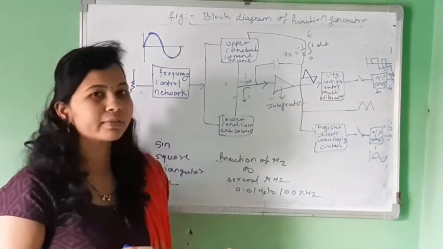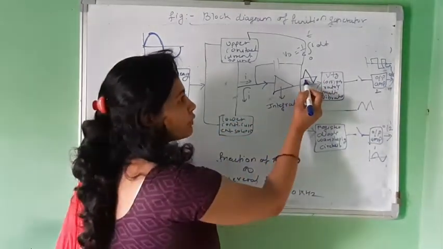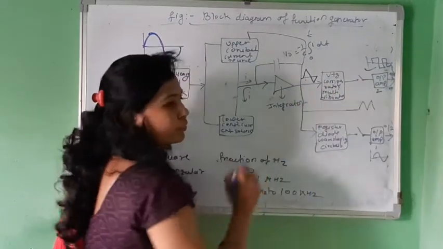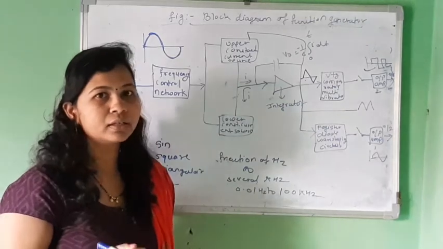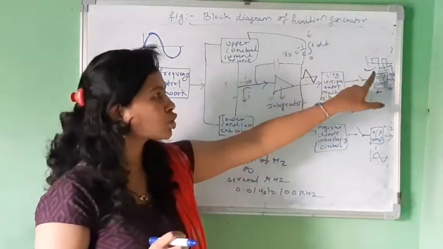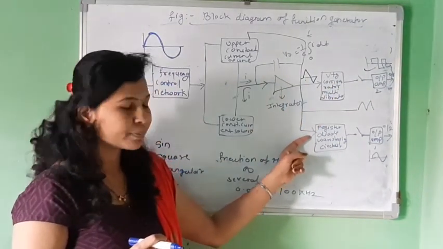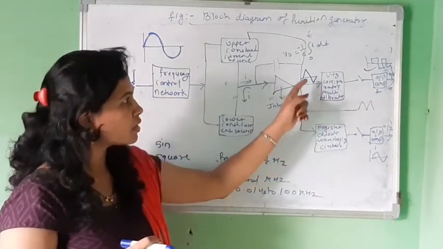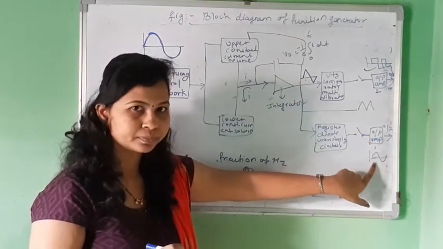The voltage comparator multivibrator is used to convert the triangular wave into a square wave, and the resistor diode wave shaping circuit is used to convert the triangular waveform into a sinusoidal waveform.